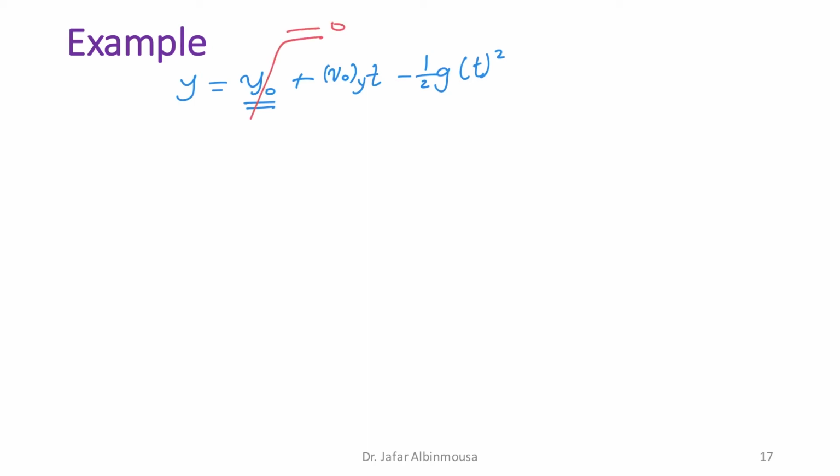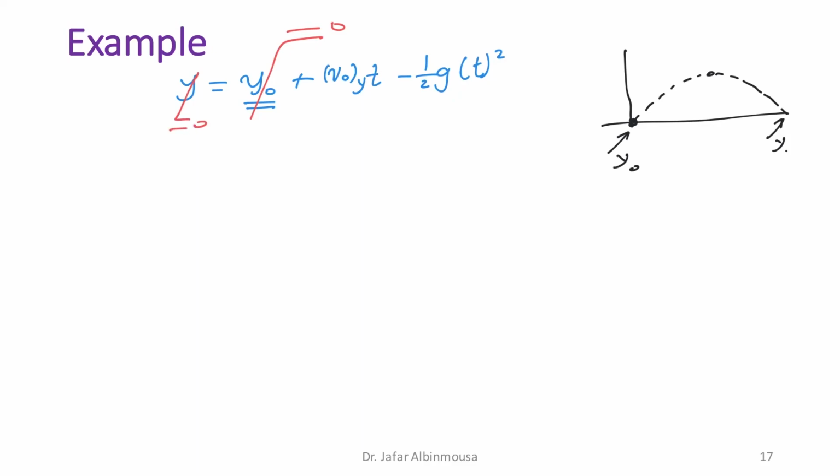But what we also know is that since the projectile started from this point, it went up and then it moved down. So this is the location of y0, this is the location of y. So we are also going to say that y is equal to 0.